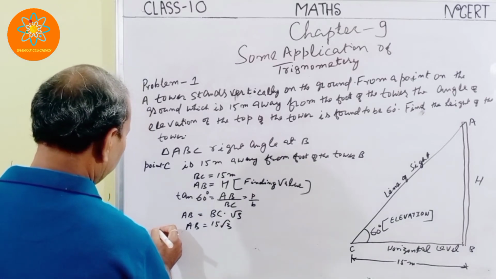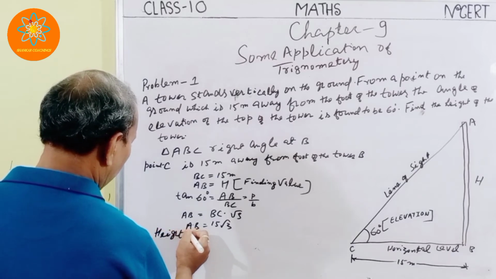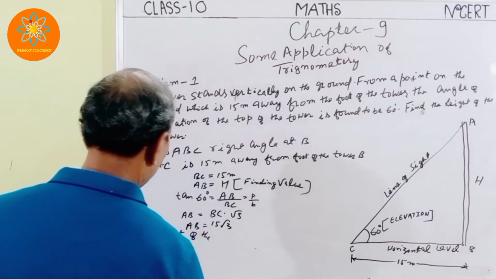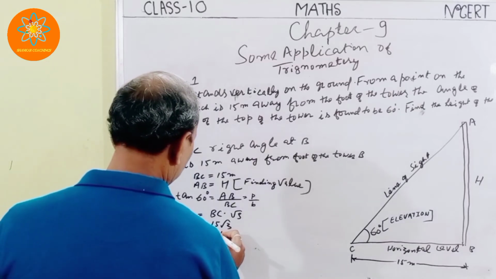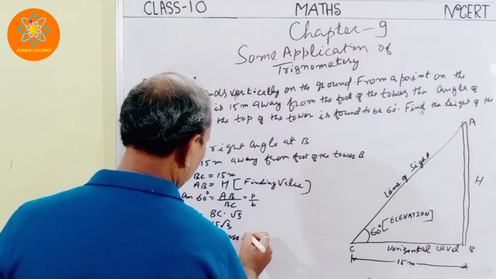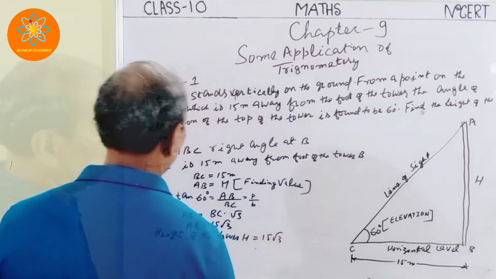So height of the tower, H, is equal to 15 root 3.